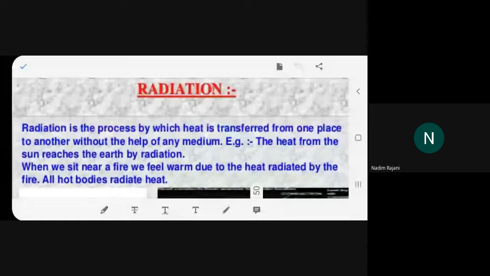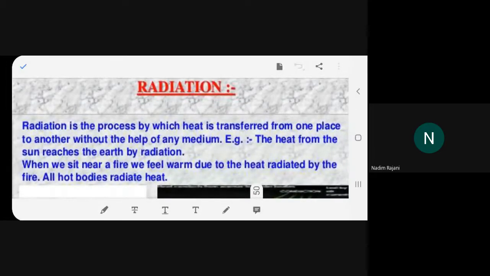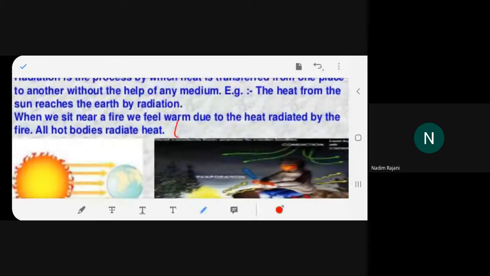Why? Because the heat is radiated from the hot object or from the fire. So you should always understand that any hot body will always radiate heat or energy. What is heat, by the way? Heat is the energy. Is it clear?